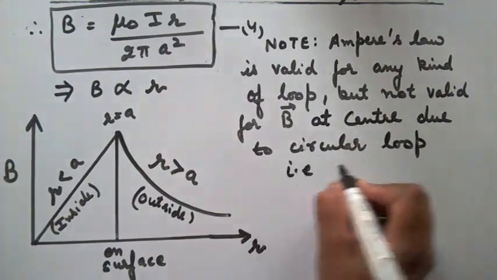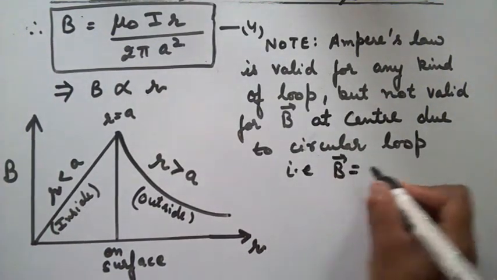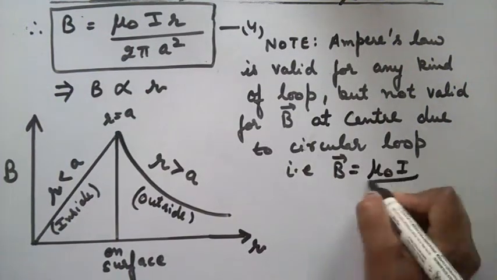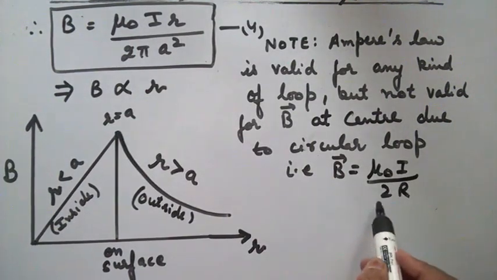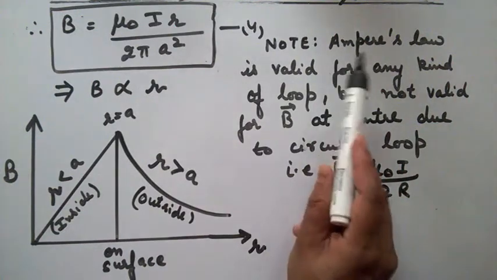That is, B is equal to mu naught I upon 2R cannot be obtained with the help of Ampere's circuital law.